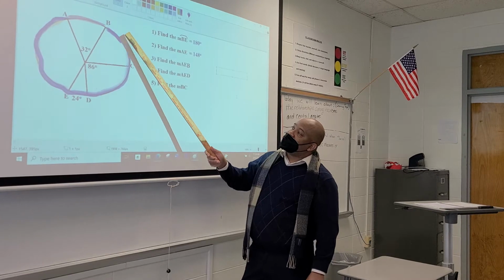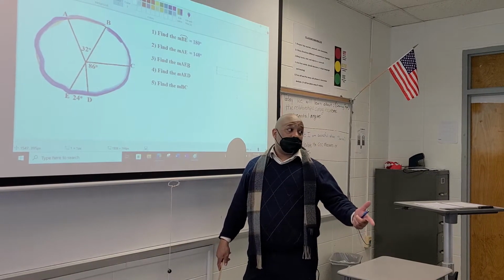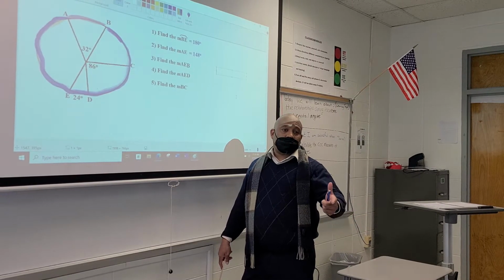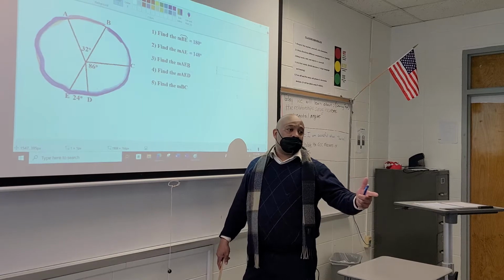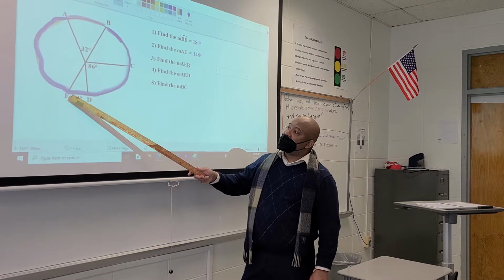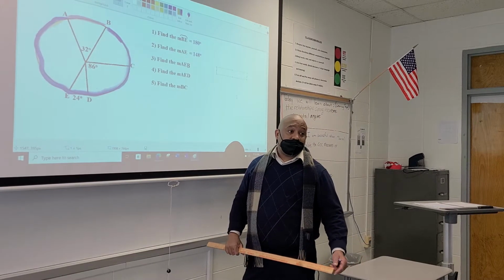So either side of E to B is a what? Not a major arc, but a semicircle, a half circle, right? If we split this circle in half here, each side is 180, which is a semicircle.